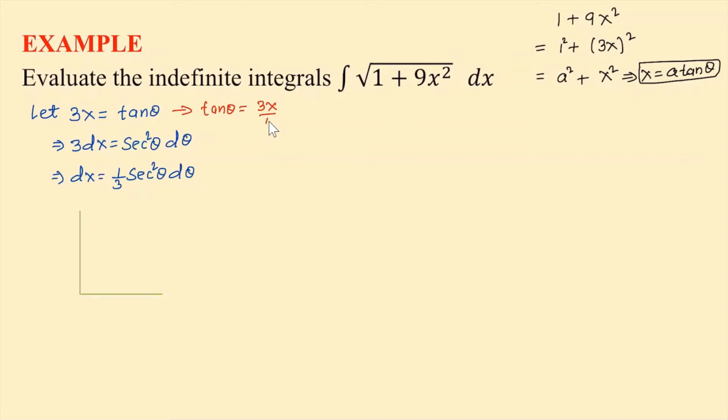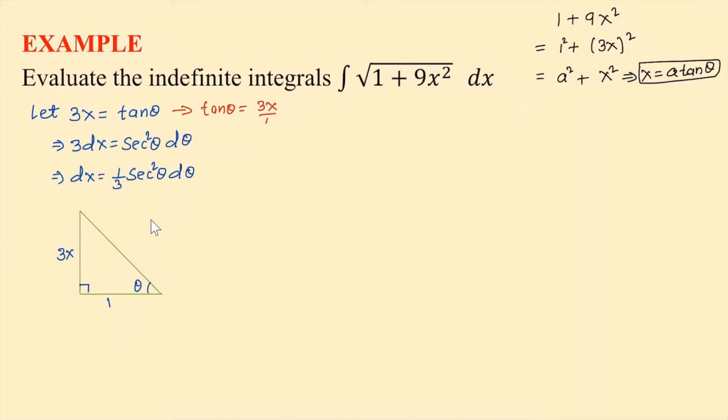We have our reference angle theta here and the right angle here. Tangent is opposite over adjacent, so opposite is 3x and adjacent is 1. We write 3x here and 1 here.